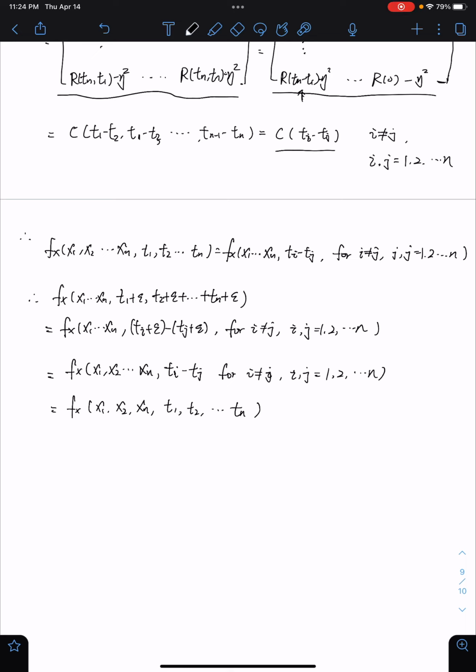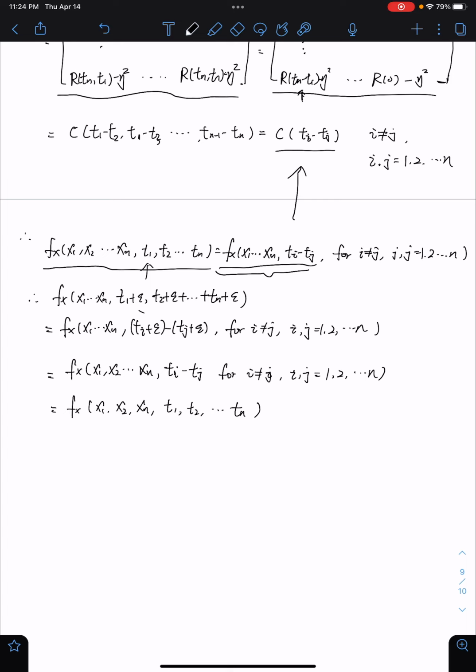So first, let's write the joint distribution function of the normal distribution, which is like this, and then we can rewrite the last part based on the calculation above. So we have these equations, and then we need to prove the property of SSS. Then we add epsilon to each t.